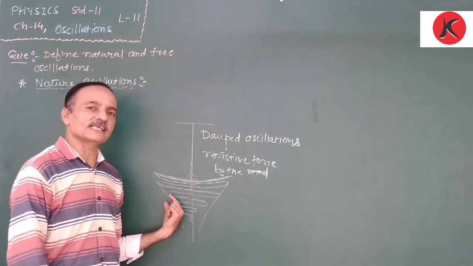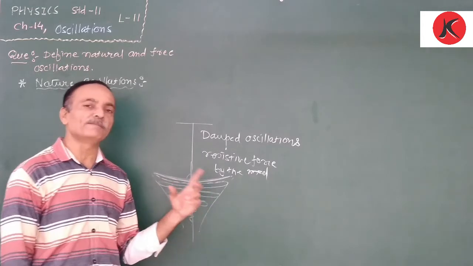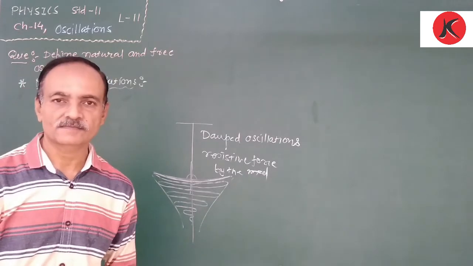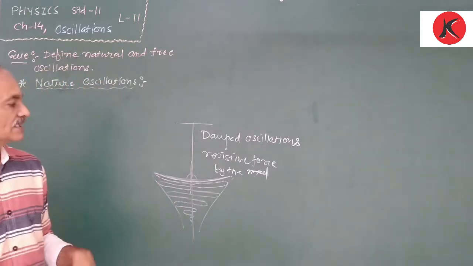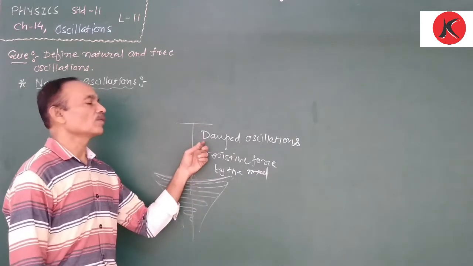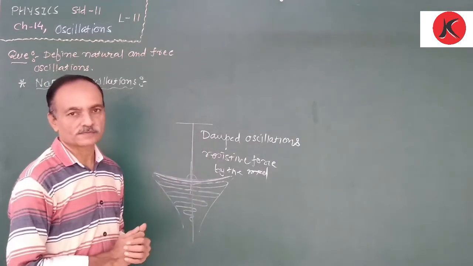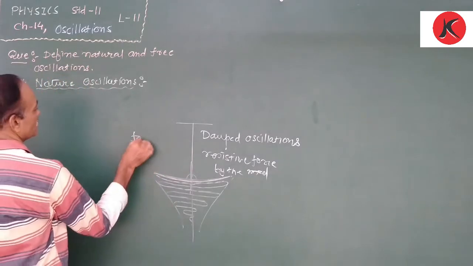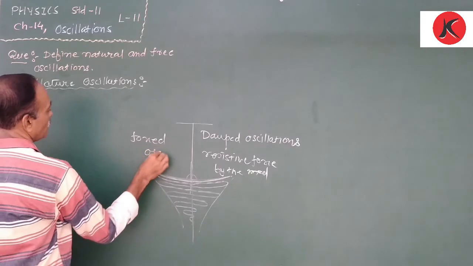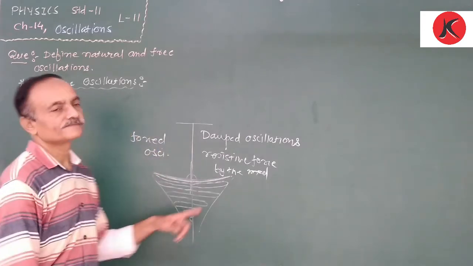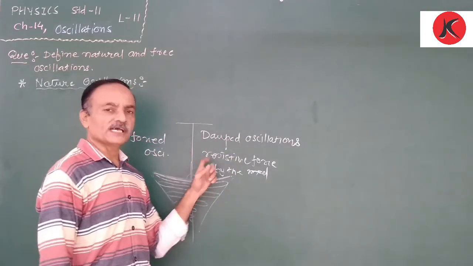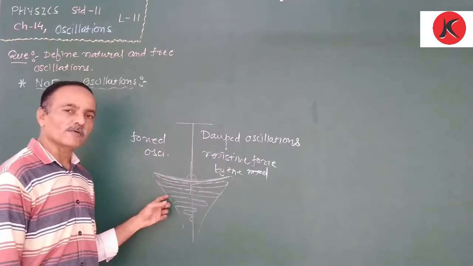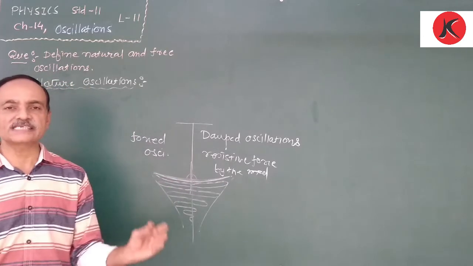To sustain the oscillation, or the amplitude of oscillation, a continuous periodic force is required. Therefore, the oscillation in the presence of an external periodic force is known as forced oscillation. Again, due to the resistive force of a medium, the amplitude of oscillation decreases with time.